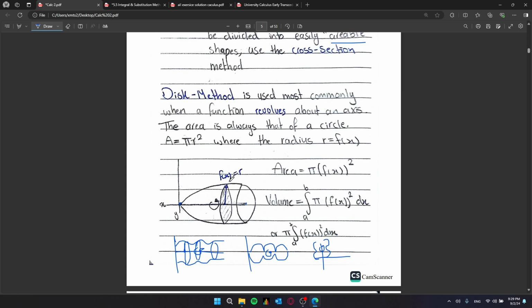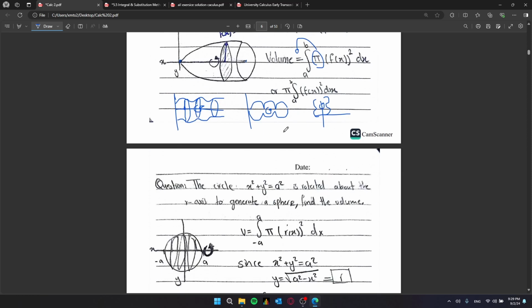The radius is the function. So depending on where you're at in the function and what value you've set for your function, that's going to be your radius. And you're going to want to integrate that from a to b, from the start of the shape to the end of the shape. Pi is a constant, so you can take that out and just integrate f of x squared dx.